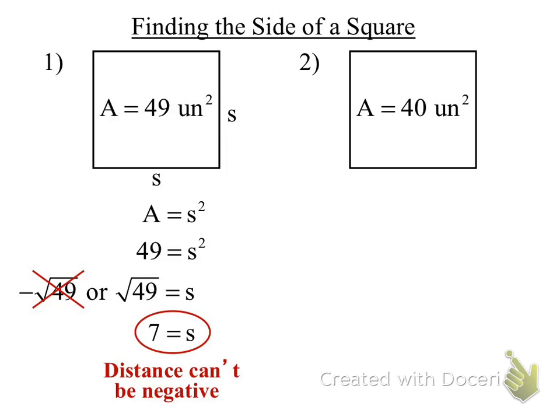But what happens when we're given something like this? Can we estimate it? What is the square root of 40? What does it fall between? 36 and 49. Is it closer to 36 or closer to 49? I might write the square root of 36, the square root of 40, the square root of 49.